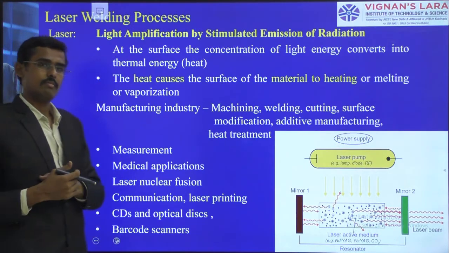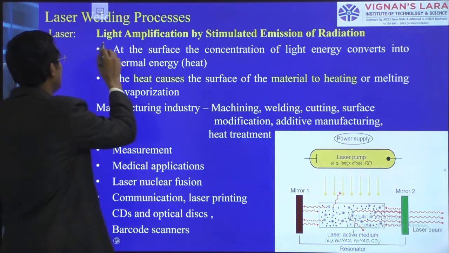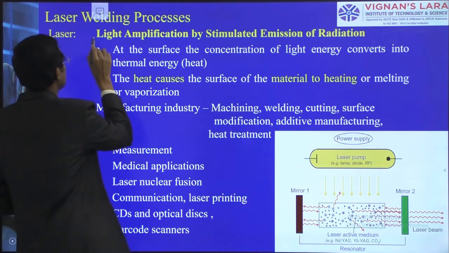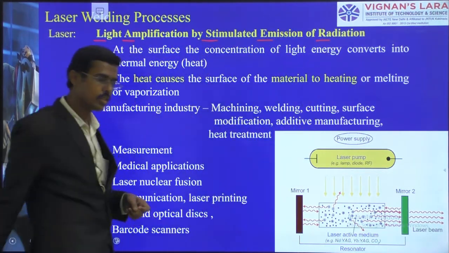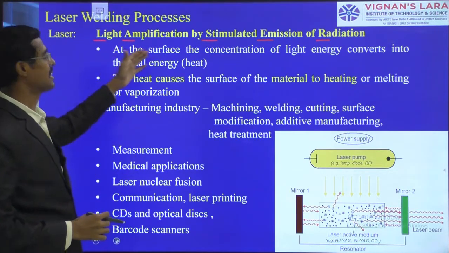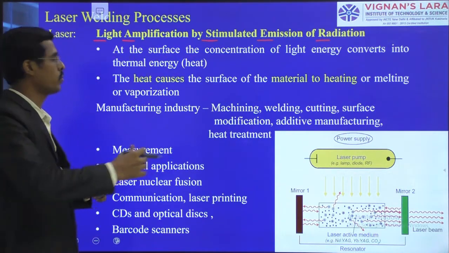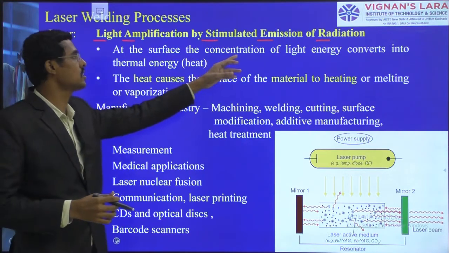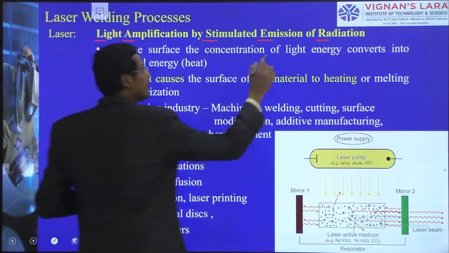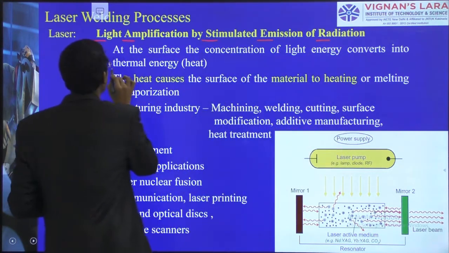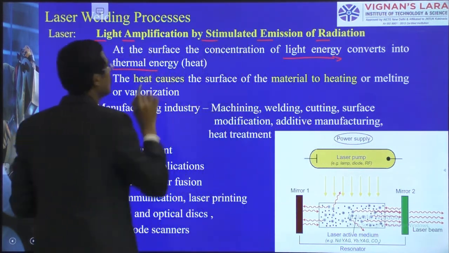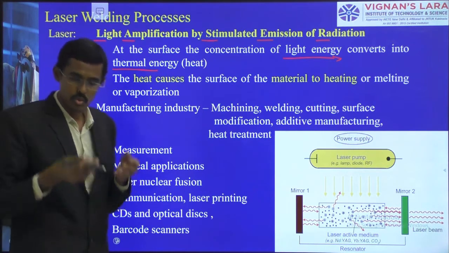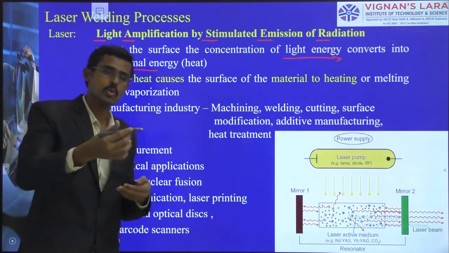This laser, we already know, stands for light amplification by stimulated emission of radiation. In the welding process, at the surface, the concentrated light energy is converted into thermal energy. We use this light energy, converted into thermal energy, as a heat source to join the two specimens.